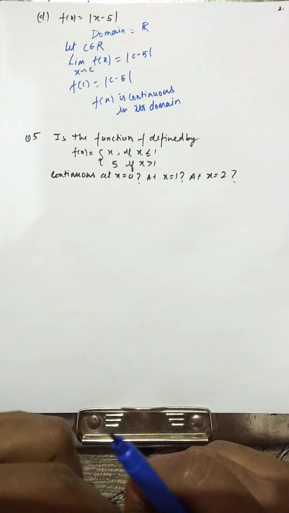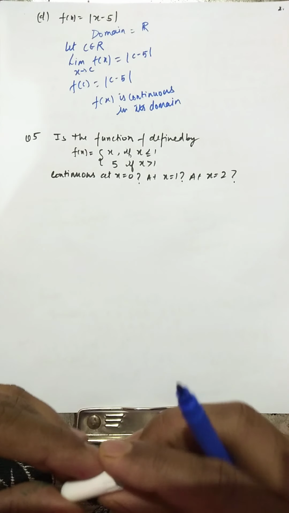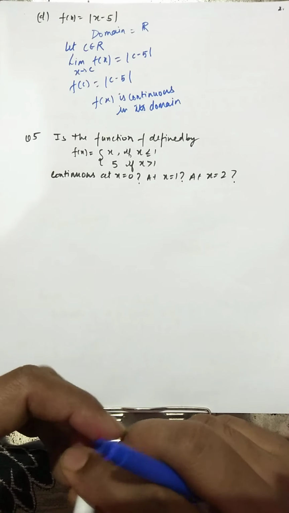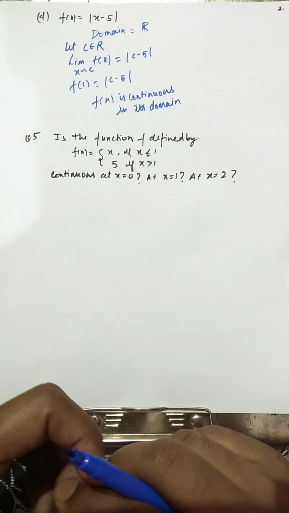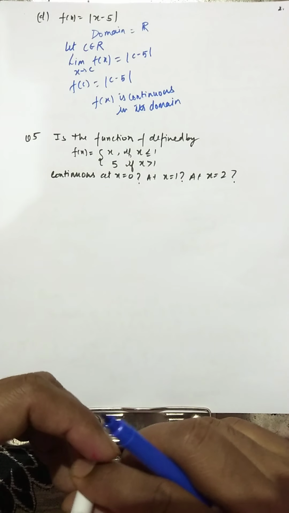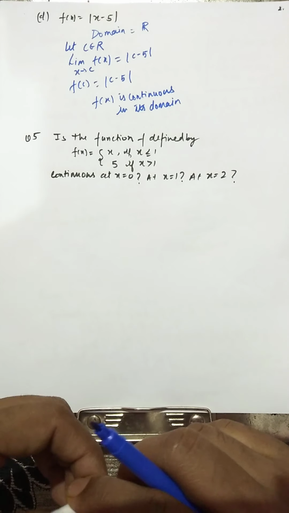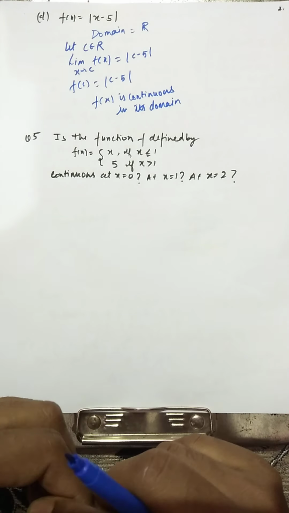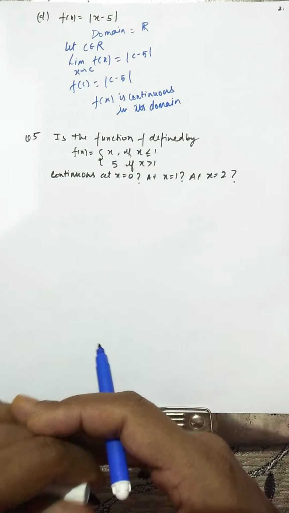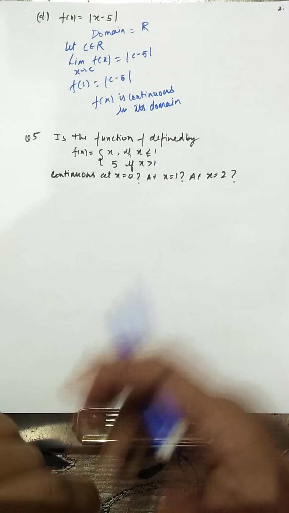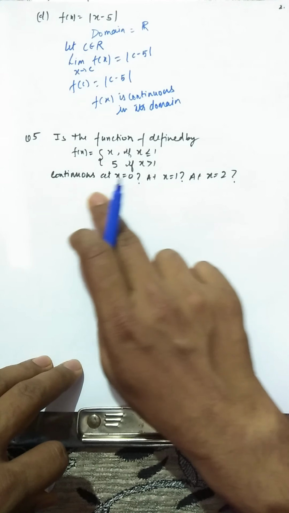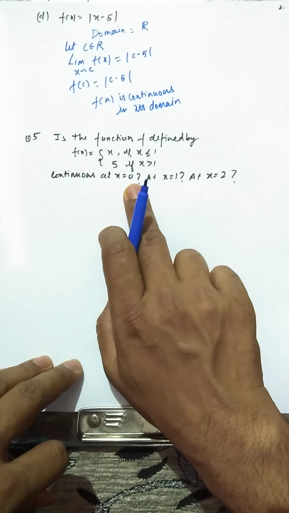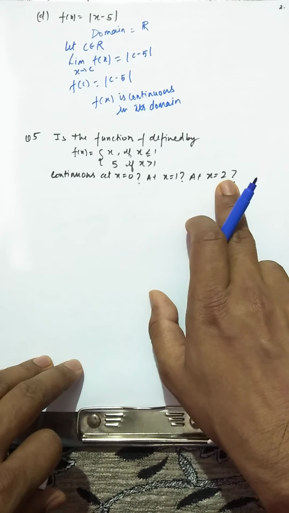So till now we have discussed the continuity of a function at a point and the continuity of a function in its domain. Now coming to question number 5, which is an important one, and you are going to get these types of questions in the exam also. The question is: the function f defined by f(x) equal to this, is it continuous at x equal to 0, x equal to 1, or x equal to 2?